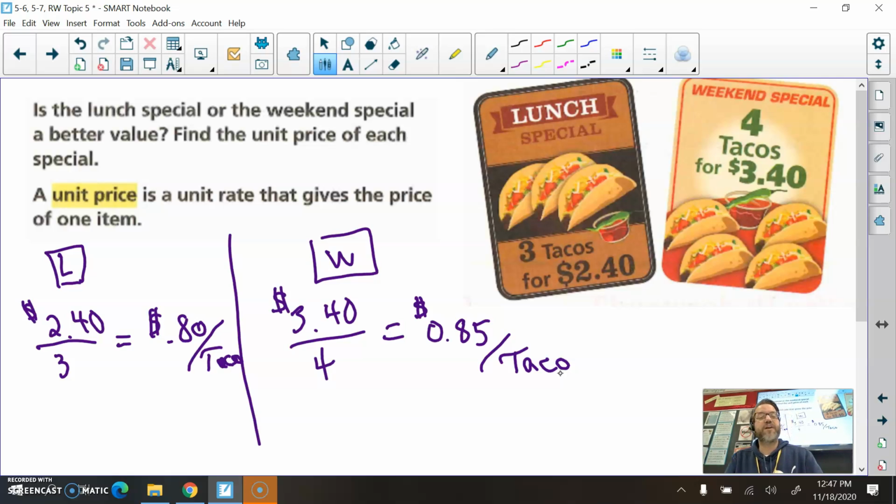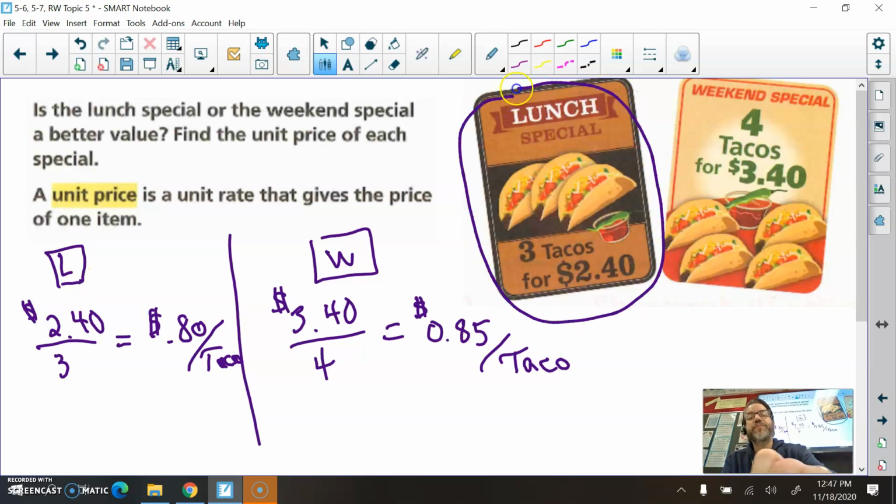Would you rather have tacos at 80 cents each, or would you rather pay 85 cents per taco? Either way, they're delicious, right? But 80 cents per taco is cheaper than 85 cents per taco. So the lunch special is the better buy because it's 5 cents cheaper per taco. You can save a nickel and have your taco.